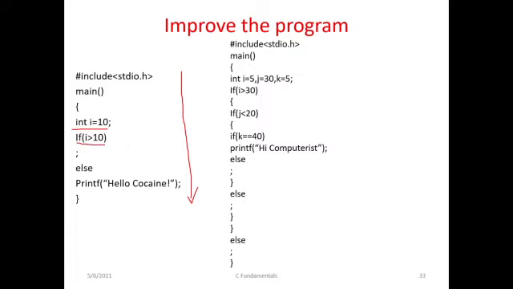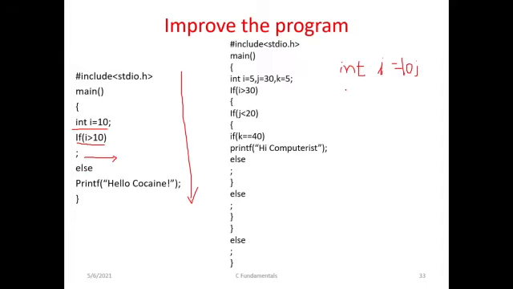If i greater than 10, then do nothing, else printf hello. So what can be done? Int i equal to 10 needs to be there, right? The declaration and initialization statement. Next, if i is greater than 10, nothing needs to be done.